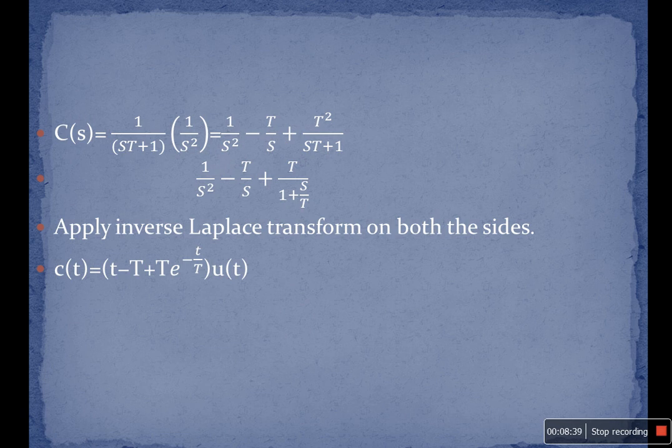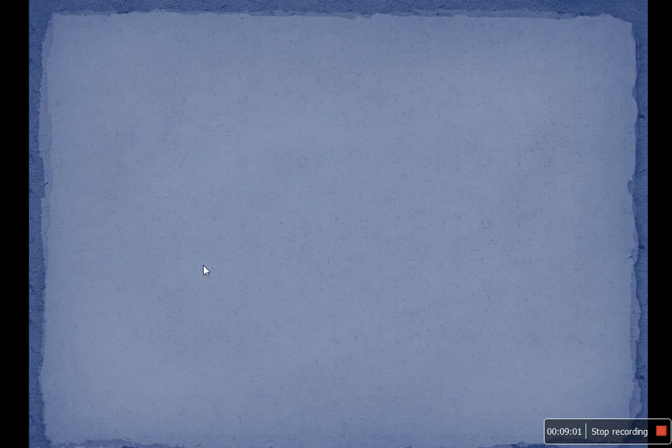Unit step response consists of steady state term and the transient term. Similarly, the ramp response of the system also consists of steady state term and the transient term. Here the steady state term is t minus tau, and the transient term is tau into e power minus t by tau.